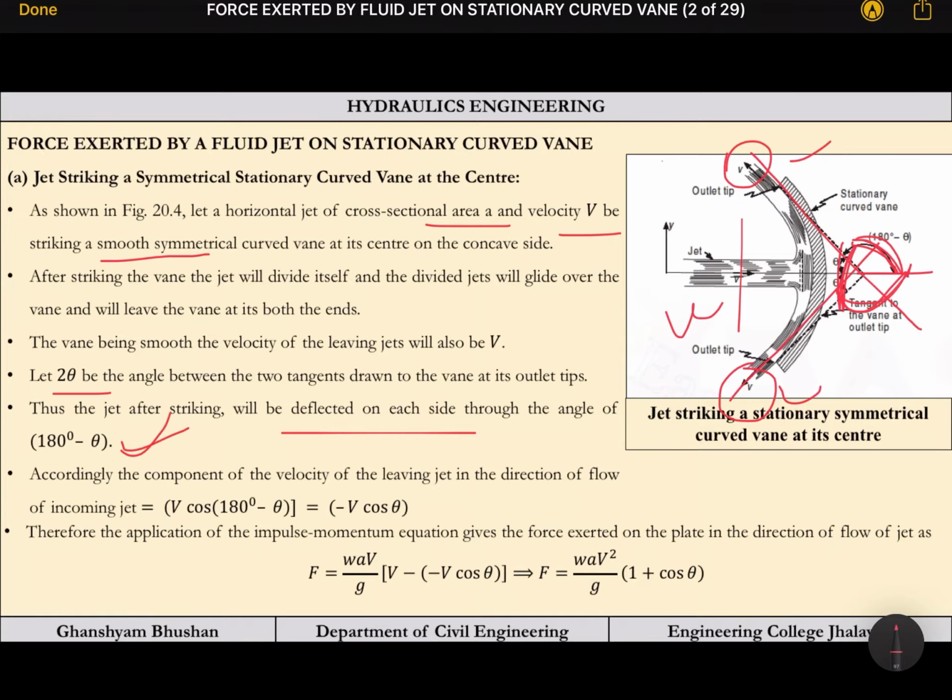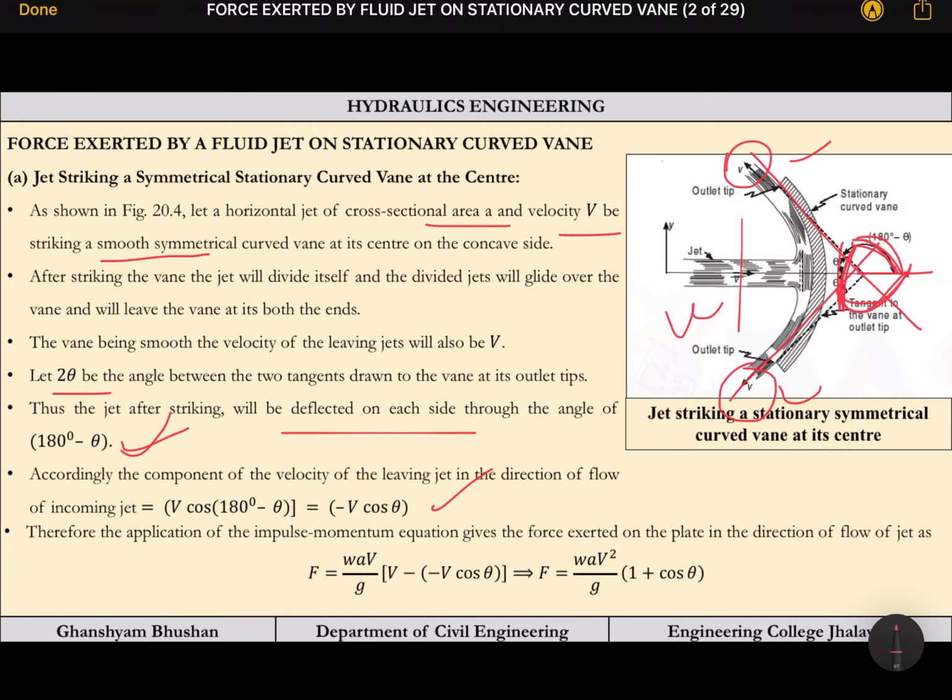In the design portion you will see these things in the hydraulic machines chapter, or maybe you will study the full subject. Now accordingly, the component of the velocity of the leaving jet in the direction of flow will be V cos(180 minus theta), that is minus V cos theta, because cos(180 minus theta) is minus cos theta.